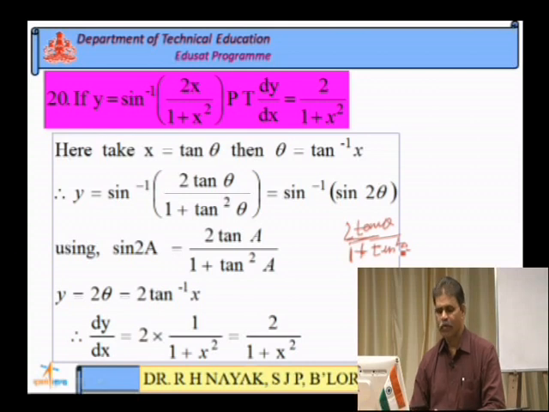So, we have to recall that here. Therefore, what do we have to do? We have to take x equal to tan theta. Wherever we have x, you put tan theta.